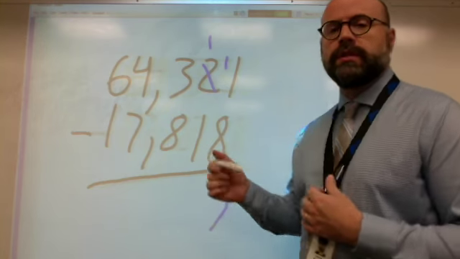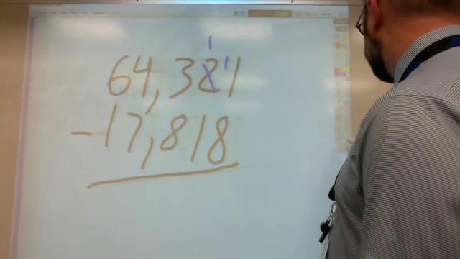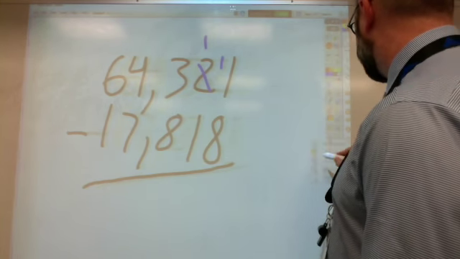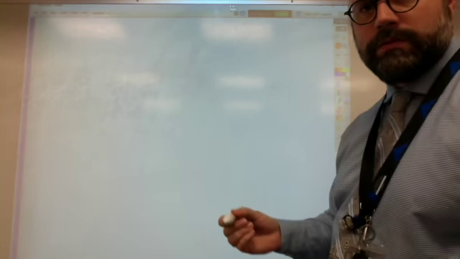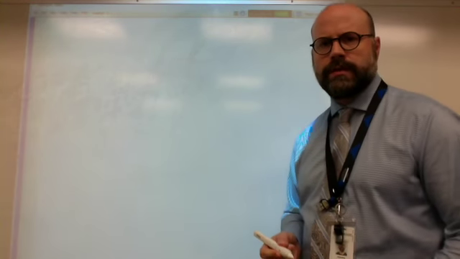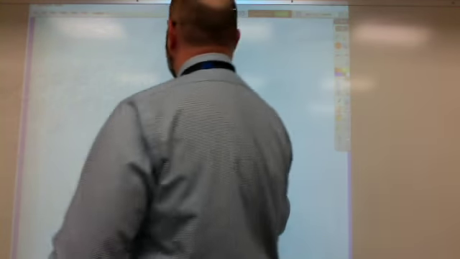Okay? So we're just going to work through a few different problems here in an effort to continue subtraction practice. But we're going to look at some big old numbers.